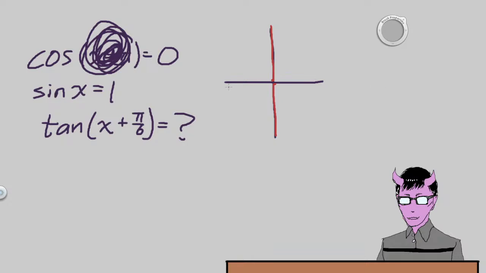We don't know which one it is, but pairing up with the second statement, sine of that angle gives us 1. Sine of this interquadrant angle, this is where the opposite matches the hypotenuse in terms of magnitude, but since it's going upwards, it's positive 1, so it's probably this interquadrant angle.